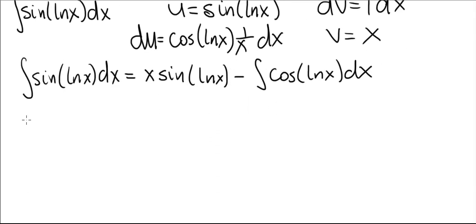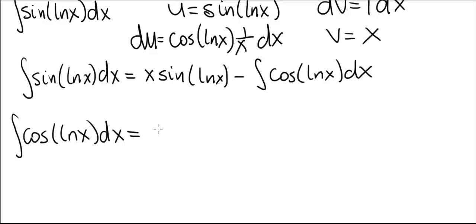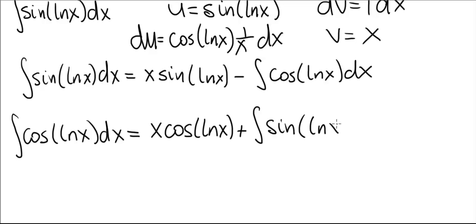So let's go back to the original integral. The original integral was the integral of cosine ln x. The first iteration of integration by parts yielded the following: x times cosine ln x plus the integral of sine of ln x. We then performed integration by parts on this integral and came up with the following.